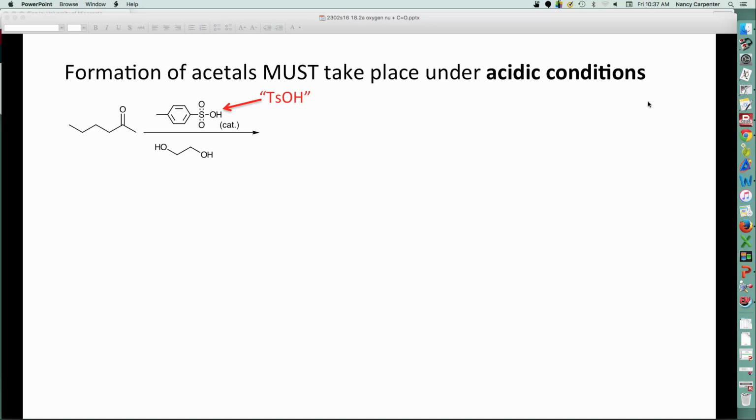So I'm just going to spin out here onto the chalkboard to make this a little bit easier to follow. So here we have a prototypical carbonyl. We'll make it an acetal. So here's an aldehyde, and I am adding this alcohol.